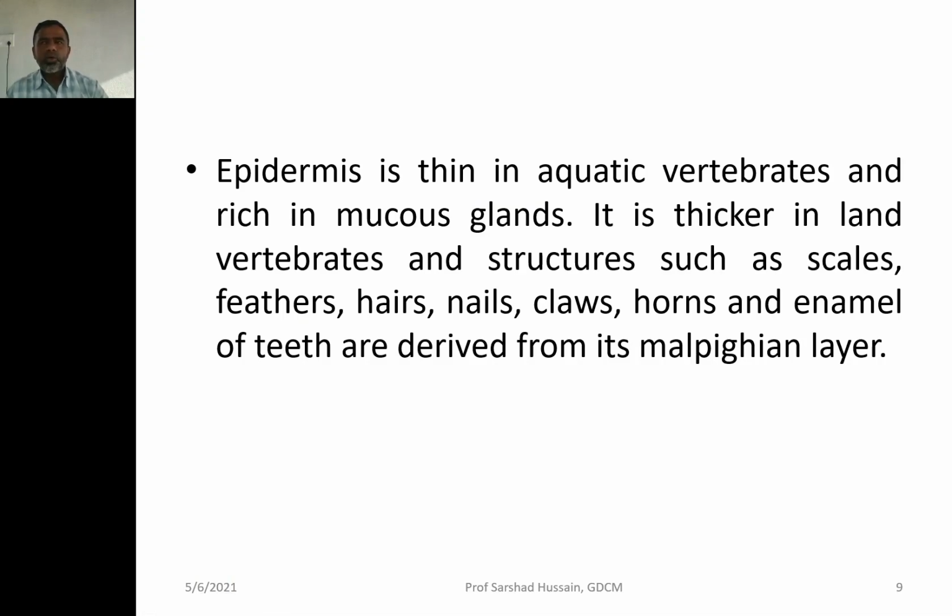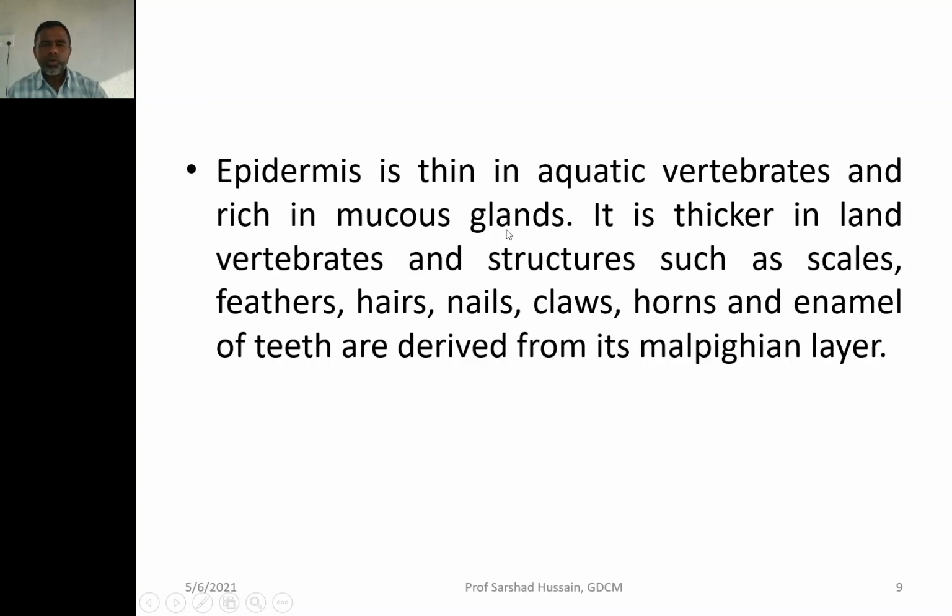As I have already told you, the thickness of the skin varies, so accordingly you can see it in the epidermis also. In aquatic vertebrates it is very thin, and this epidermis has mucous glands present in it, whereas it is thick in land vertebrates, and structures such as scales, feathers, hairs, nails, claws, horns, and enamel of teeth are derived from the Malpighian layer of the epidermis.